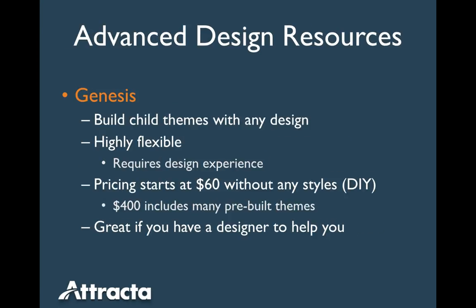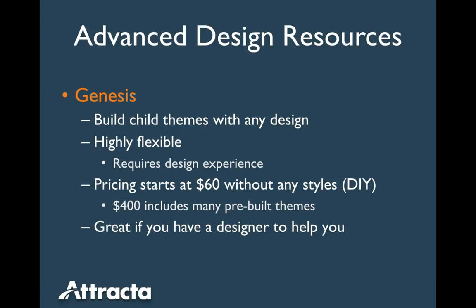Another advanced way for WordPress design is Genesis, which is what's called a framework, a support system to build themes on top of. It covers the base of things like SEO and other ways the site interacts with itself, and then you build themes on top of that. Building child themes is relatively advanced, but with a little bit of designing and coding knowledge, it's not that hard.